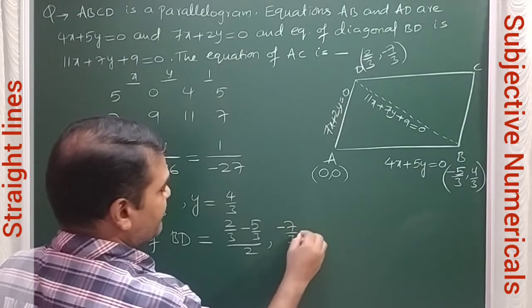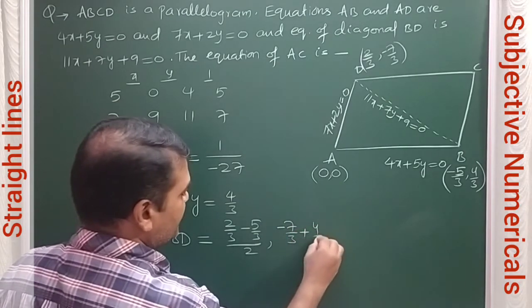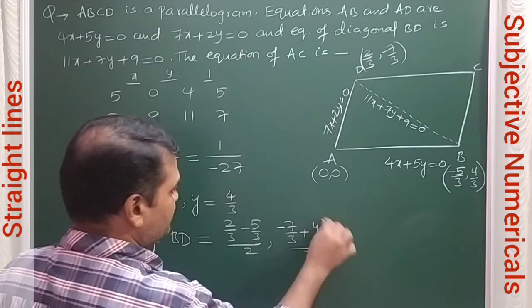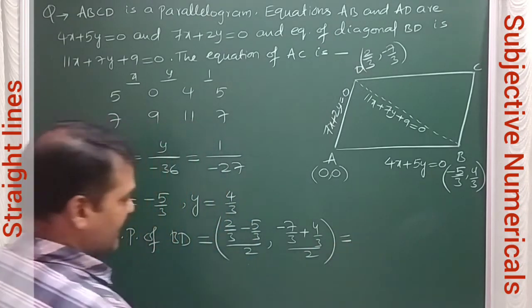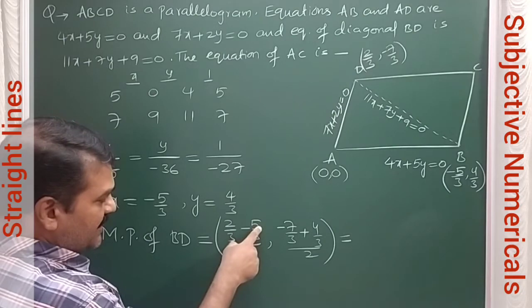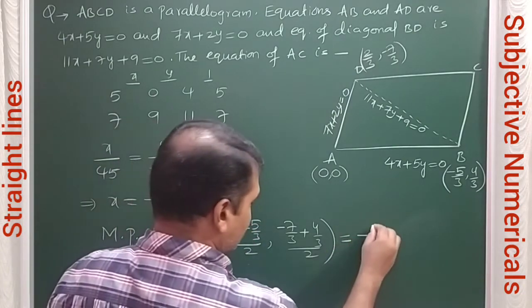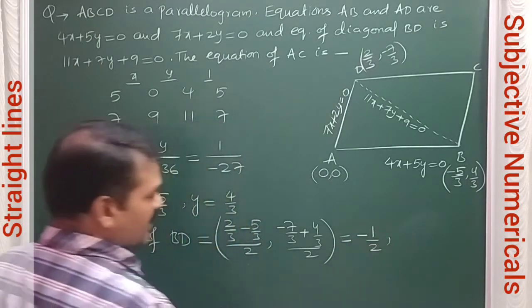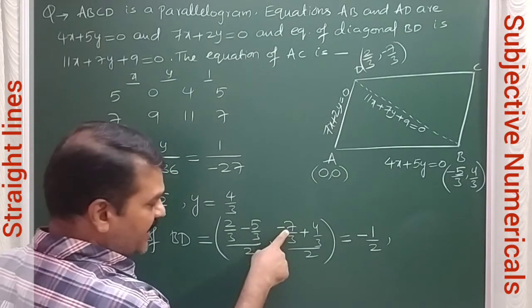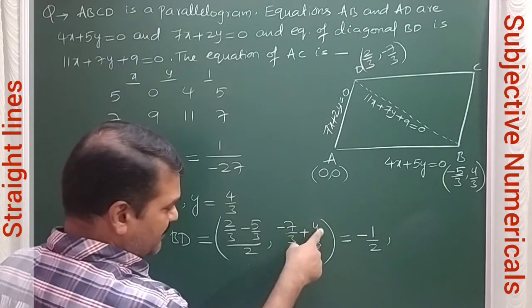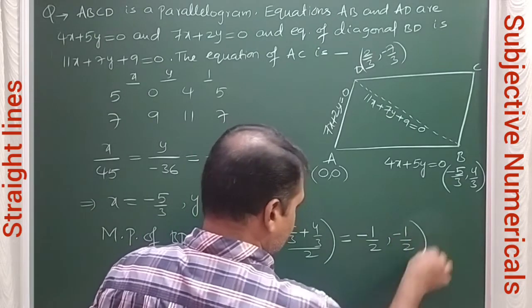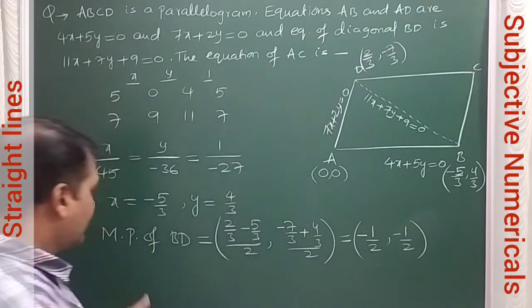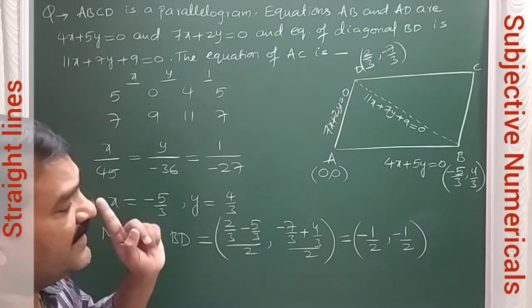So minus 7 by 3 plus 4 by 3 by 2. When we simplify this, we will get minus 3 by 3, that means minus 1 by 2. And here again minus 3 by 3, that means minus 1 by 2. What is this? Midpoint of BD.